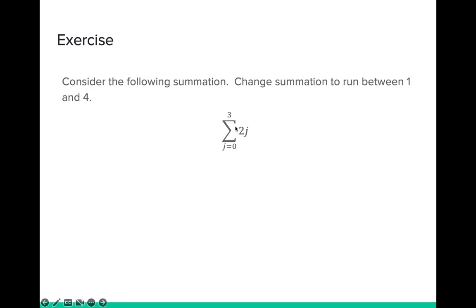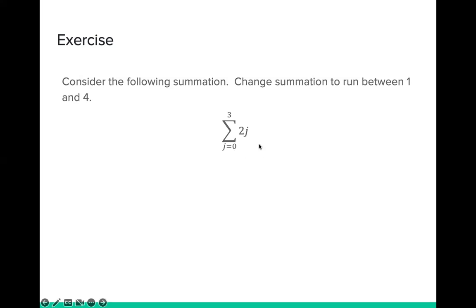So we have the following summation. The sum of j equals 0 to 3 of 2j. So we want to change the index, or shift the index, so that the summation runs from 1 to 4 instead of 0 to 3.